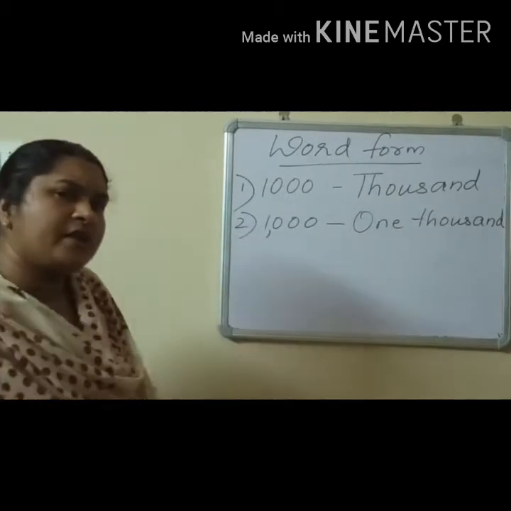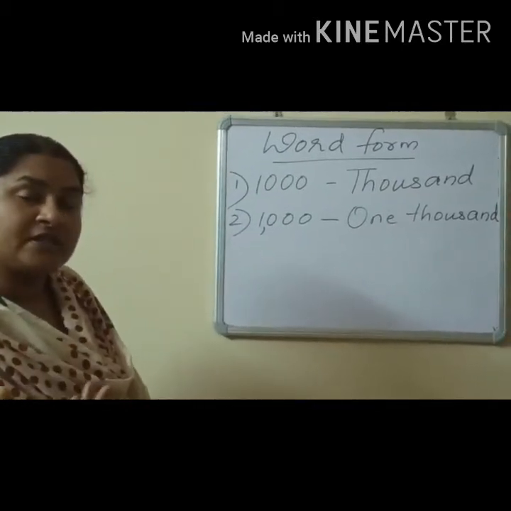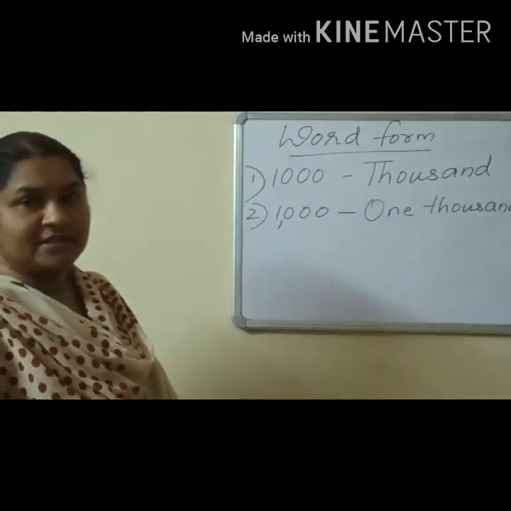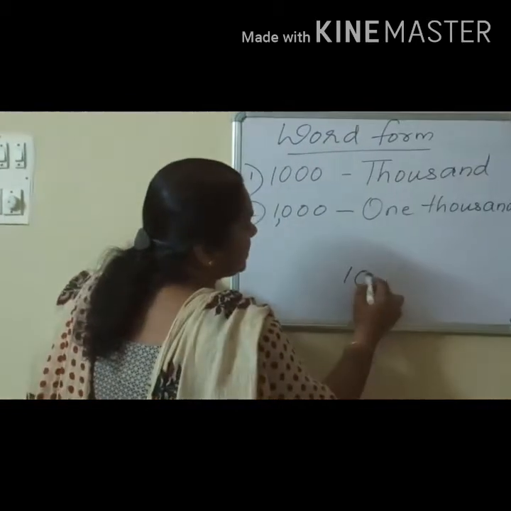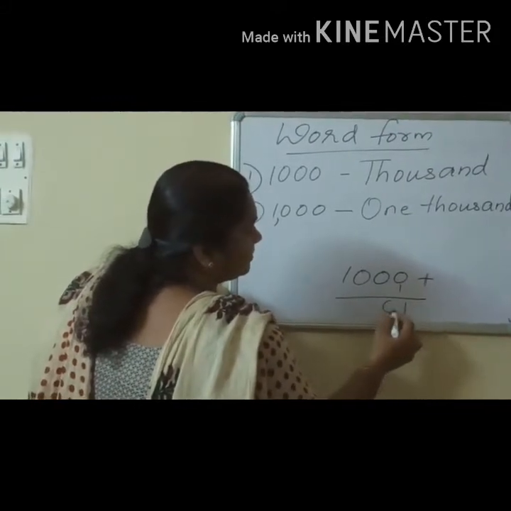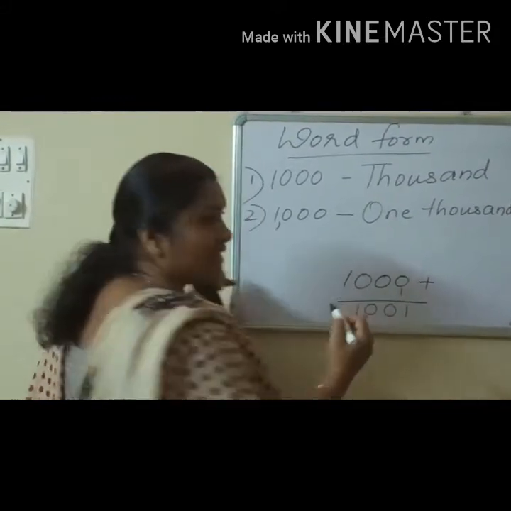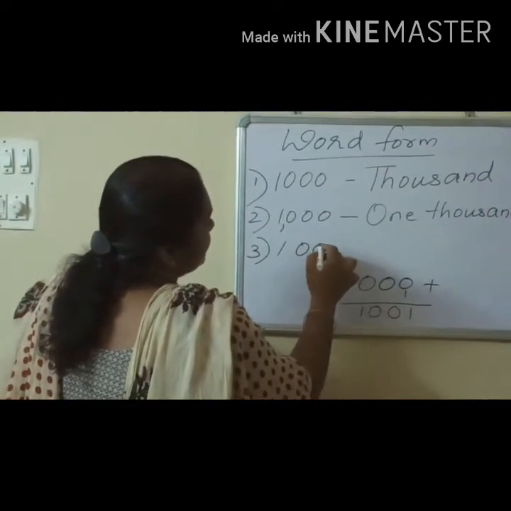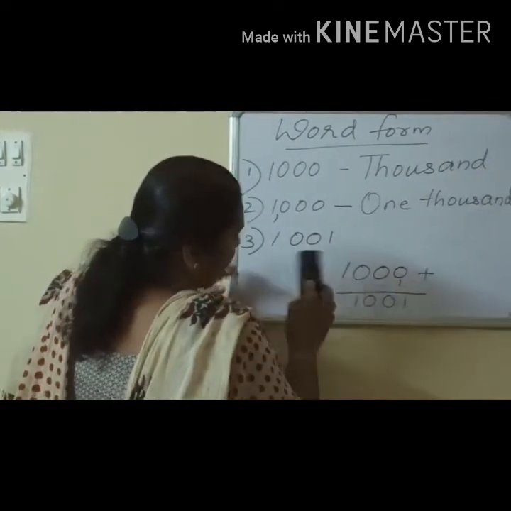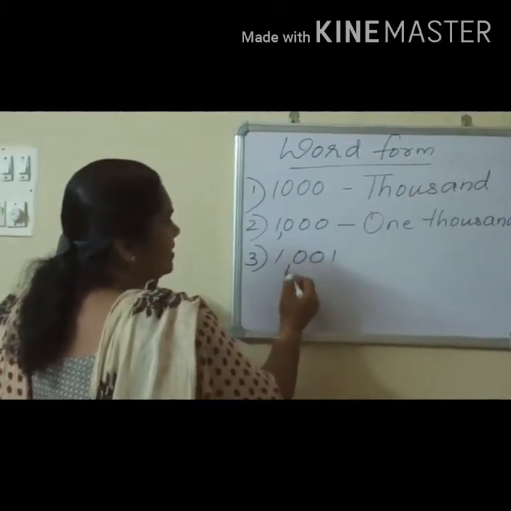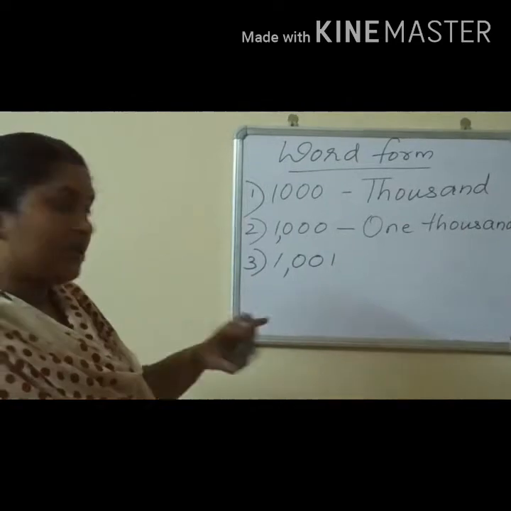After 1000, what number do we have? If you add one more to 1000, what will you get? 1000 plus 1. What is this? 1001. That I will show you. Ones, tens, hundreds, after that a comma. So how to read?